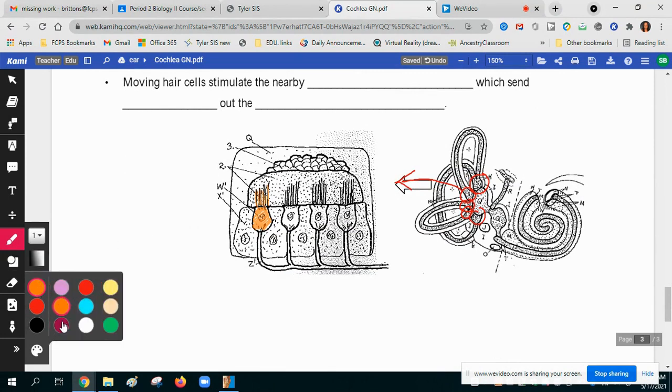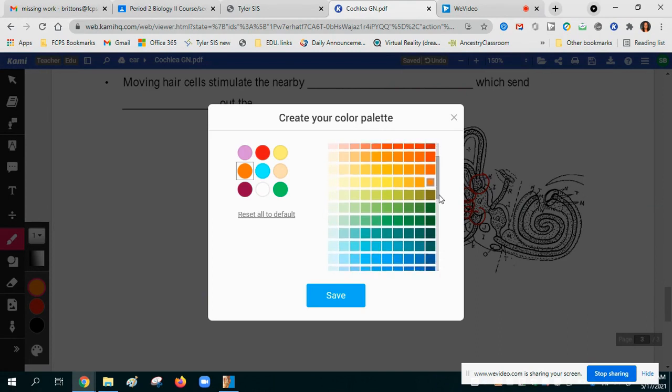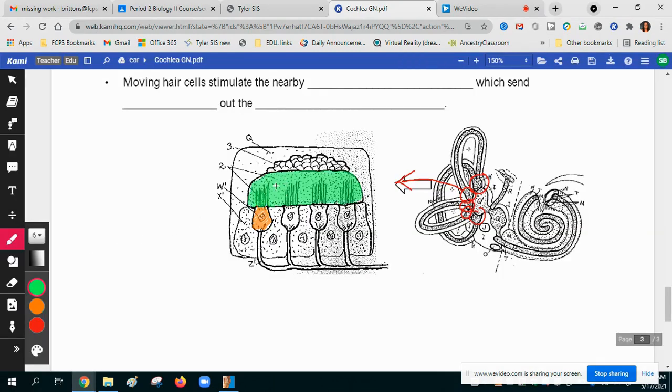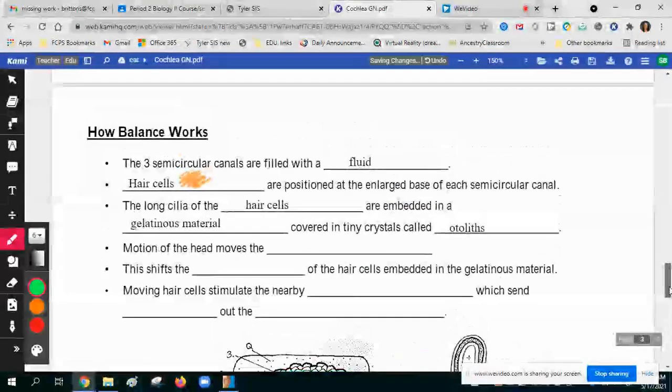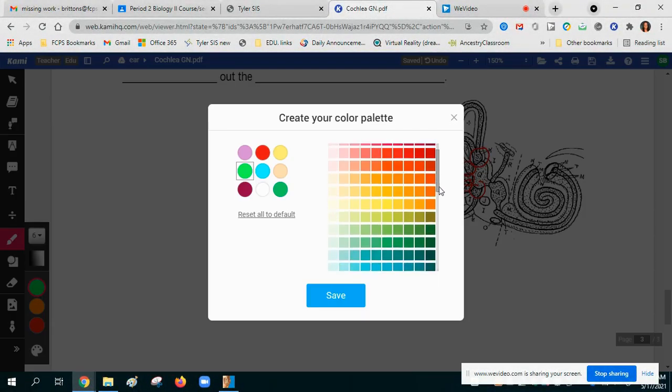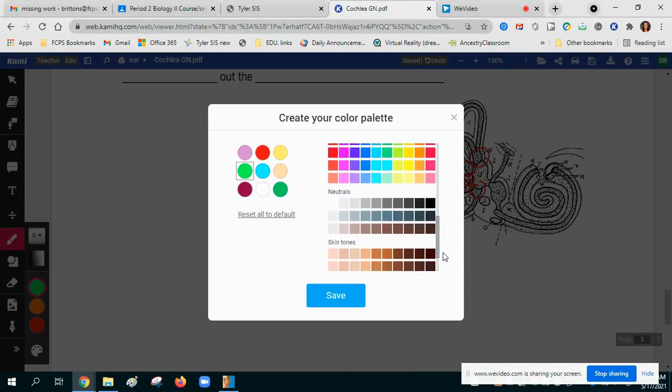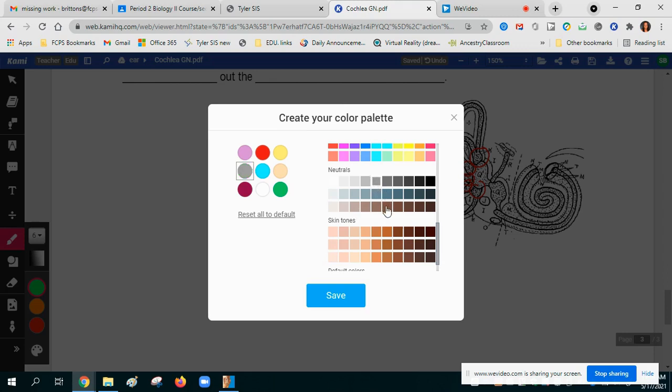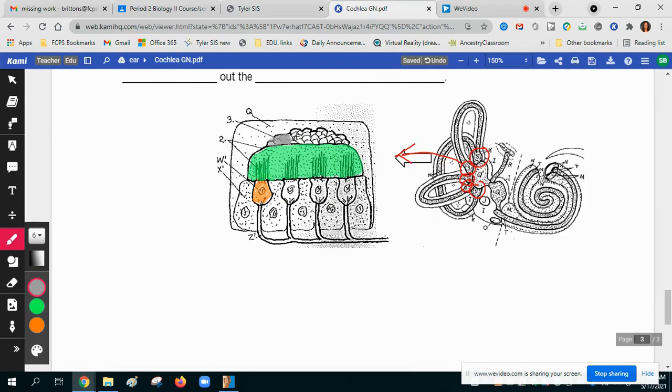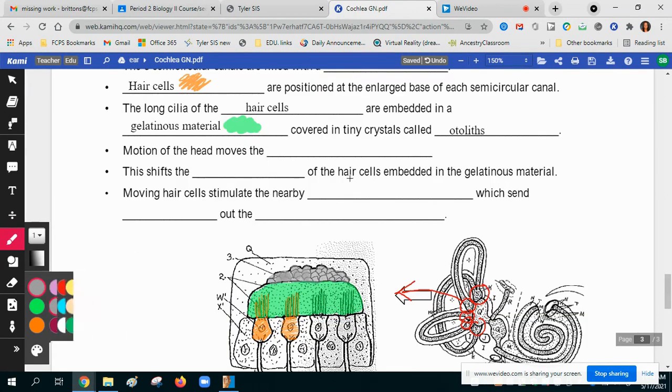So I'm going to pick a Jello color. Let's go with lime Jello. Here's the gelatinous material in green. And then what color should the otoliths be? I don't know. If they're crystals, maybe a gray? Here's our crystals at the top, like little grains of salt. I'll mark my otoliths as colored gray.